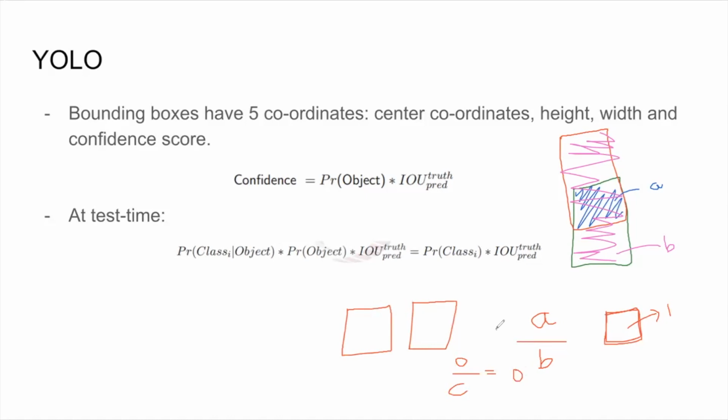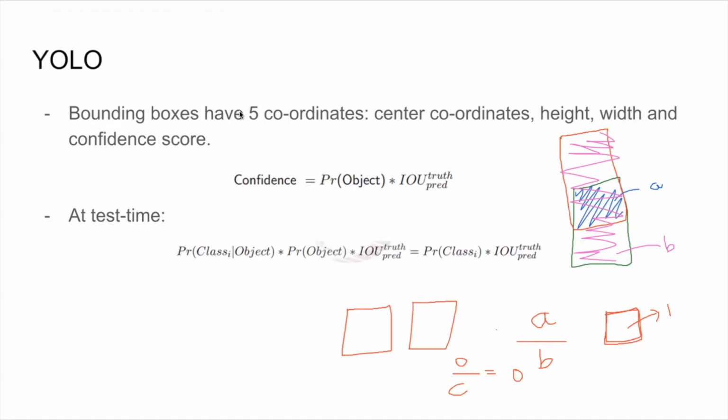Okay, you get the idea, right? So the intersection over union is a great way to measure the quality of the bounding box that we have got from the algorithm.